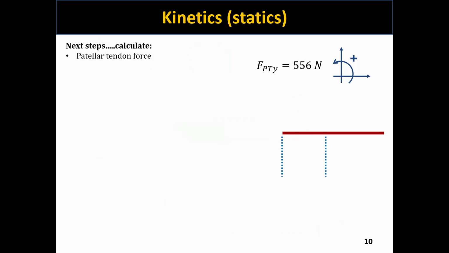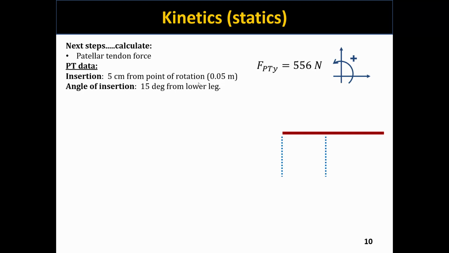Now the next step here is to calculate the full patellar tendon force, what we call the resultant patellar tendon force. And I'm just carrying over the value that we had calculated on the previous slide of the y component, which is 556 newtons. So our patellar tendon data includes the insertion, which is 5 centimeters or 0.05 meters from the point of rotation. And recall that we were actually given the angle of insertion, which is 15 degrees from the lower leg.